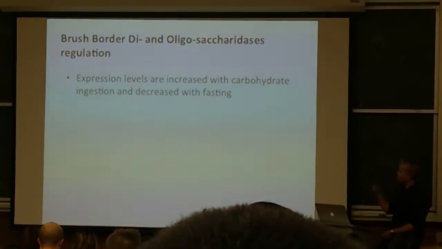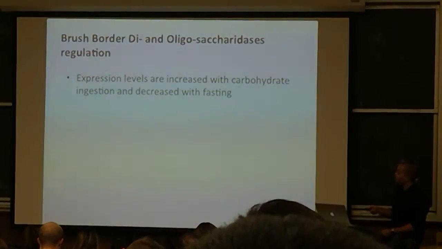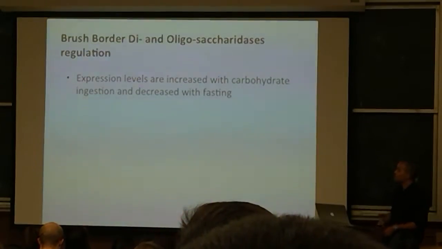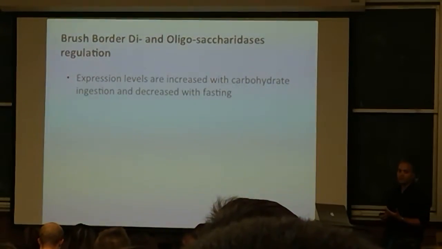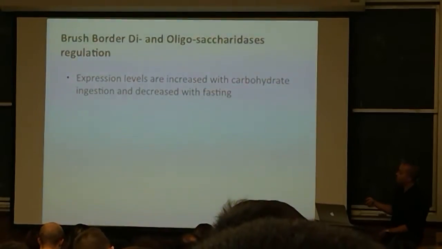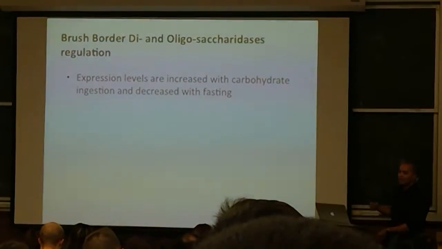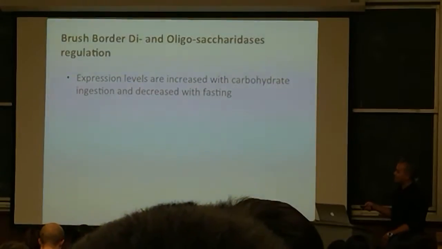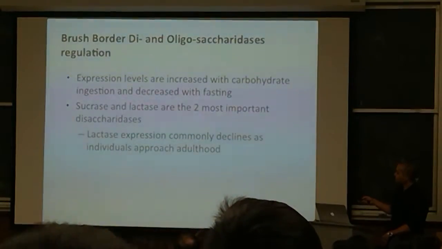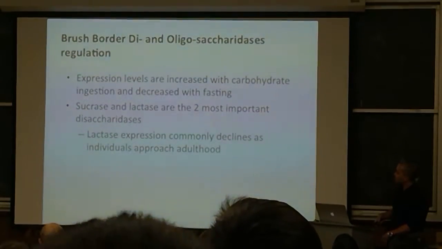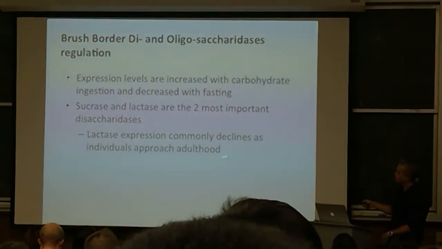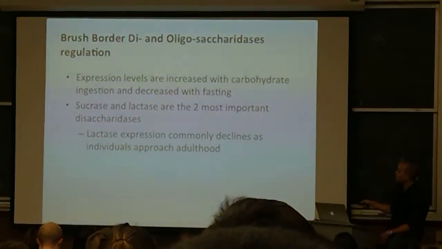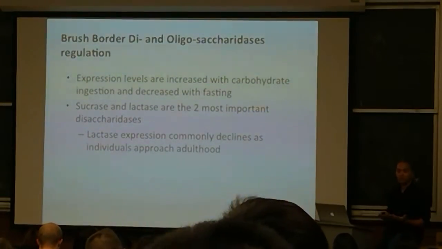Okay, so in terms of brush border disaccharidase regulation, their expression levels are increased by carbohydrate ingestion and decreased by fasting. It's not always clear why this is, but it's probably due to insulin signaling. Okay, sucrase and lactase are very important disaccharidases. Lactase expression commonly declines as individuals approach adulthood.